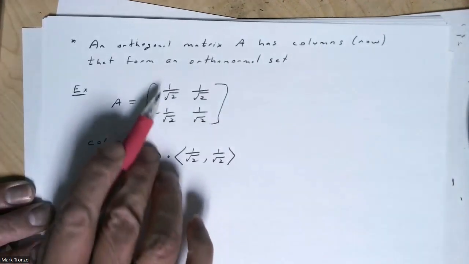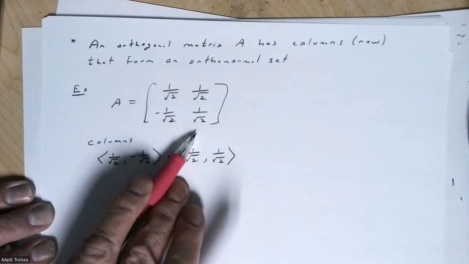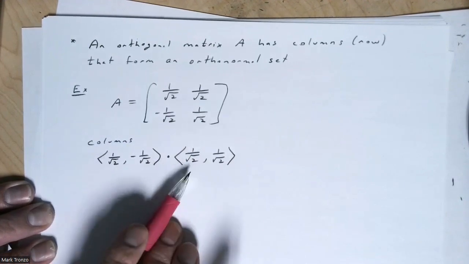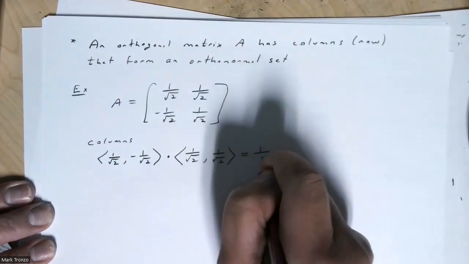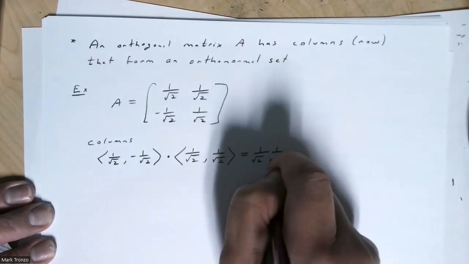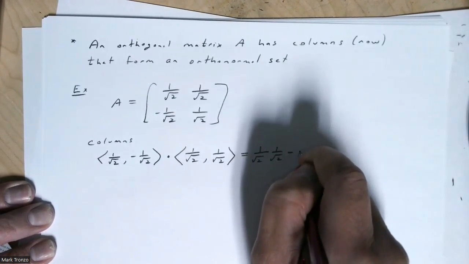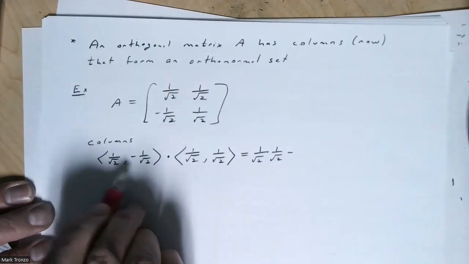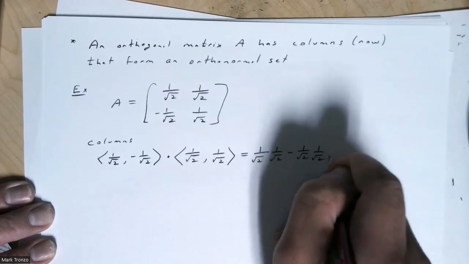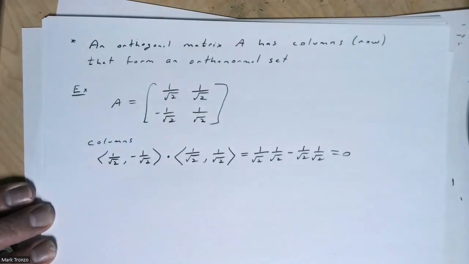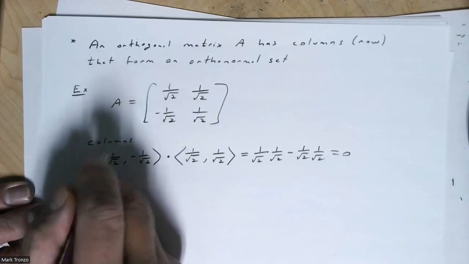So this would be one element, this would be another element. If you took the dot product of these two, you get 1 over square root of 2 times 1 over square root of 2, minus 1 over square root of 2 times 1 over square root of 2, that's 0. And notice each column, the length is 1.